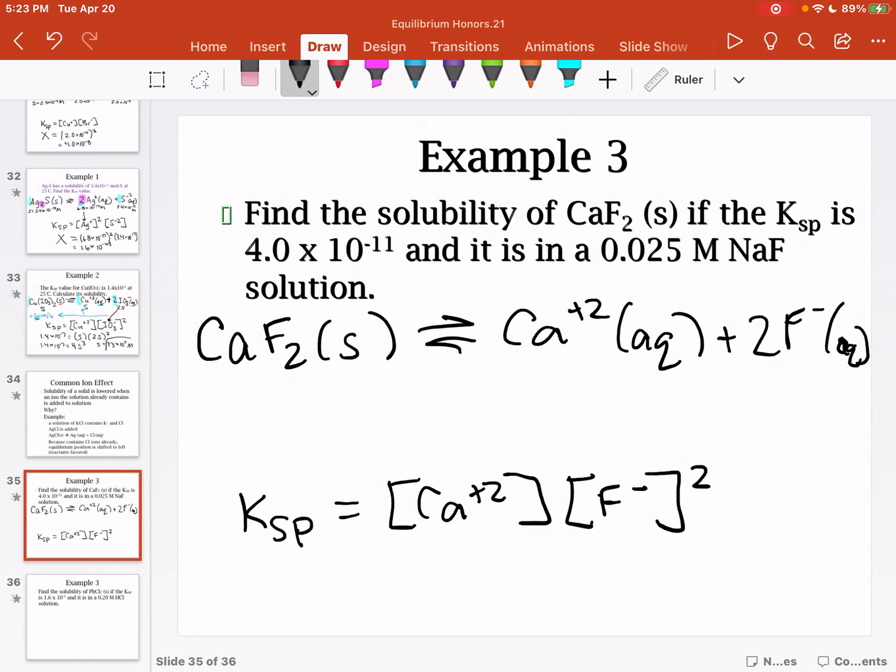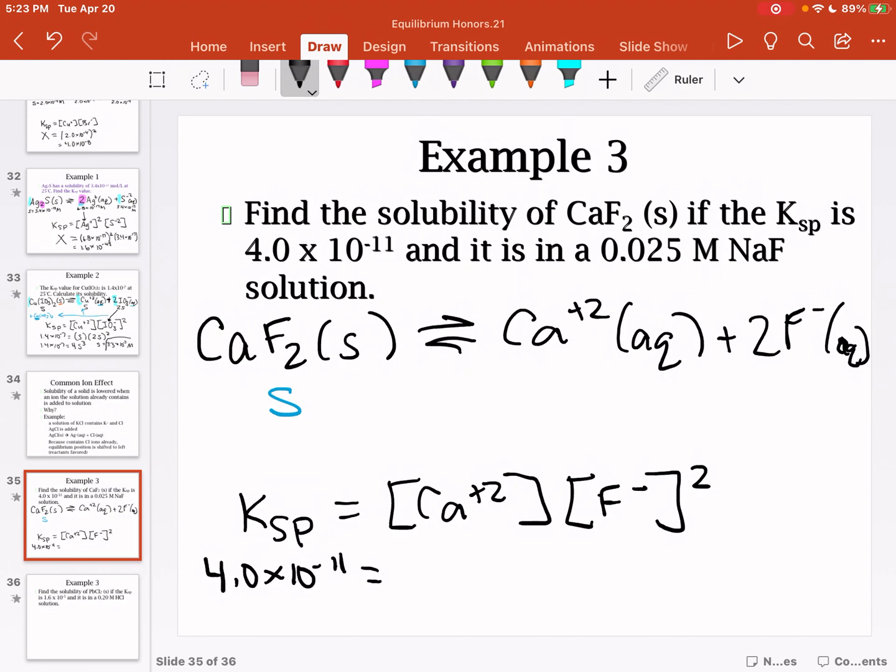So I want to find the solubility of the calcium fluoride. So we recall that is my S. My KSP was given to me at 4.0 times 10 to the negative 11th. So I have a value on the left. That means my values on the right can have X's, and it's not a problem.